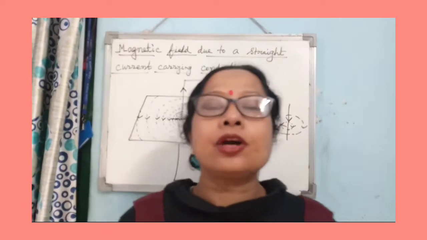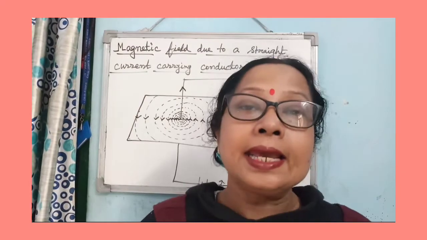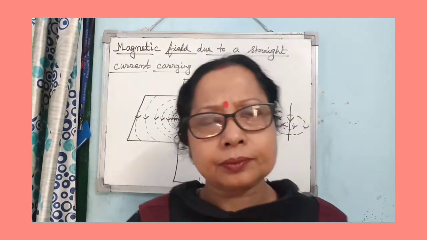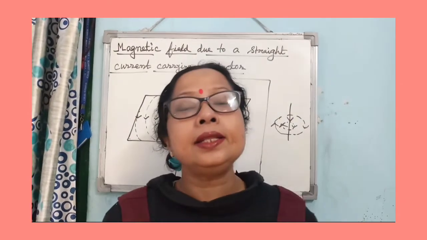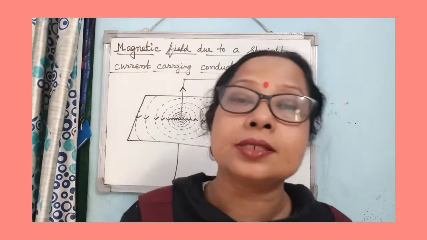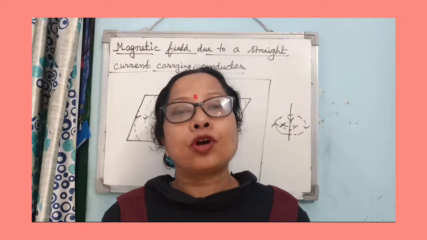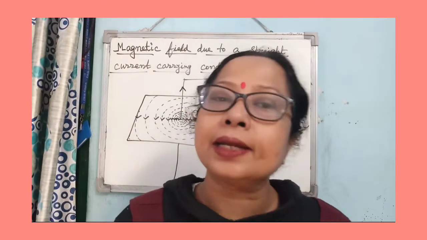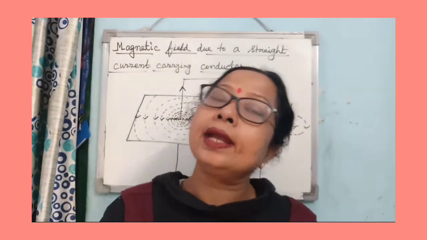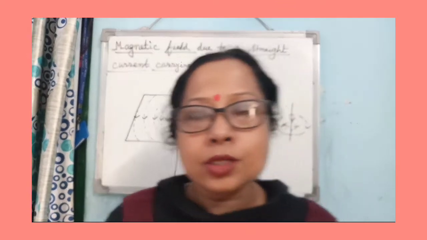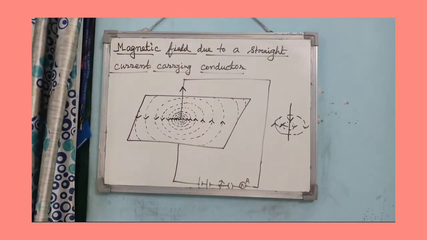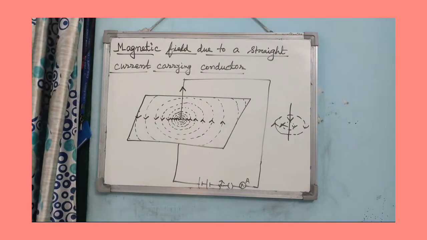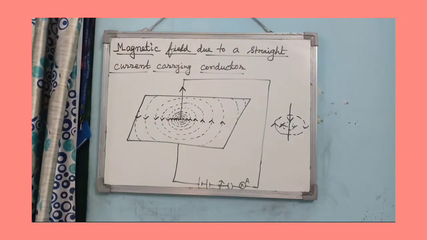If the direction of current in the conductor is reversed, I repeat, if the direction of current in the conductor is reversed, the direction of magnetic field also gets reversed. Alright, so 4 points I said regarding the magnetic field due to a straight current carrying conductor. Please write, learn and remember.